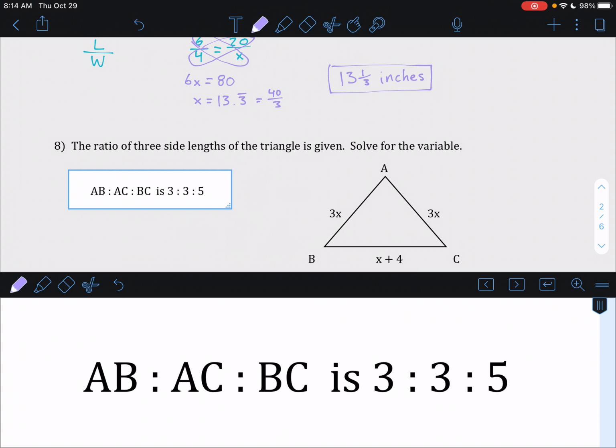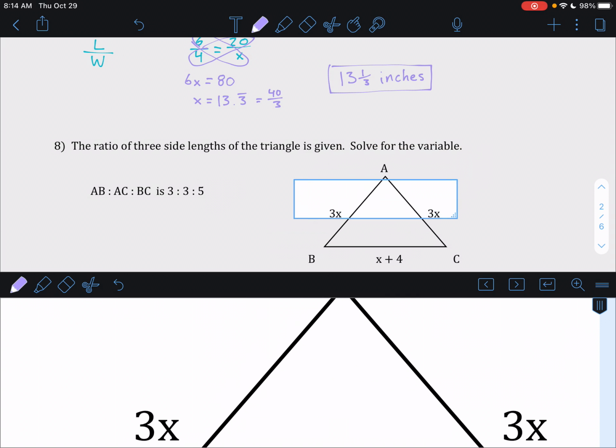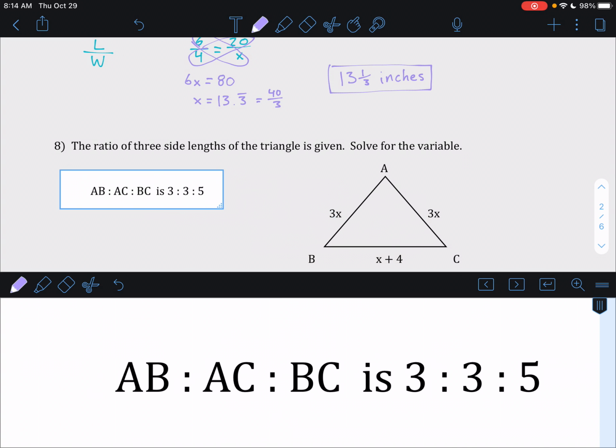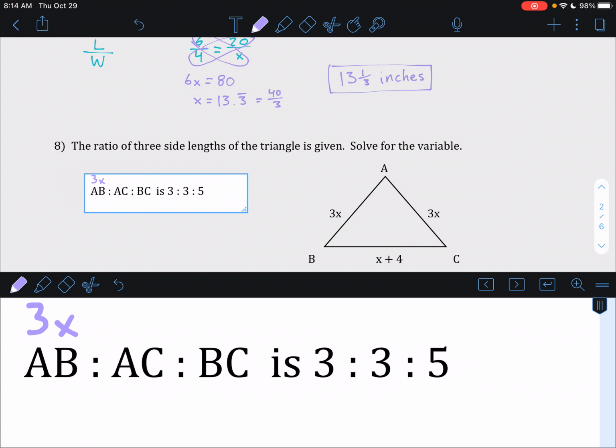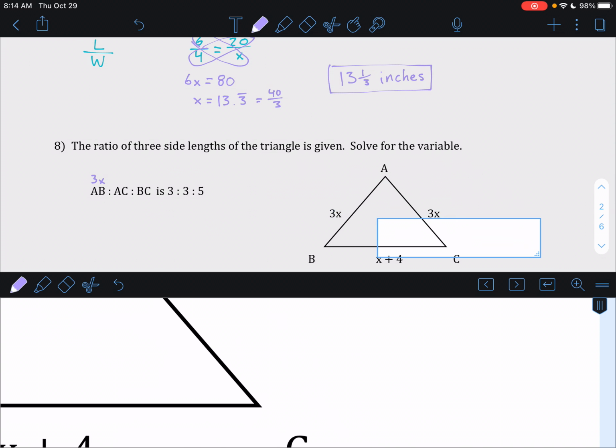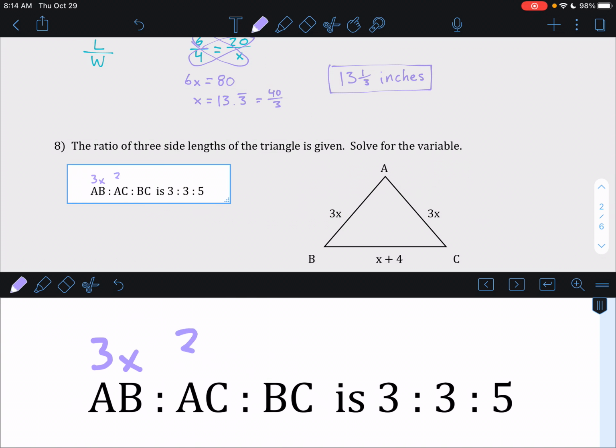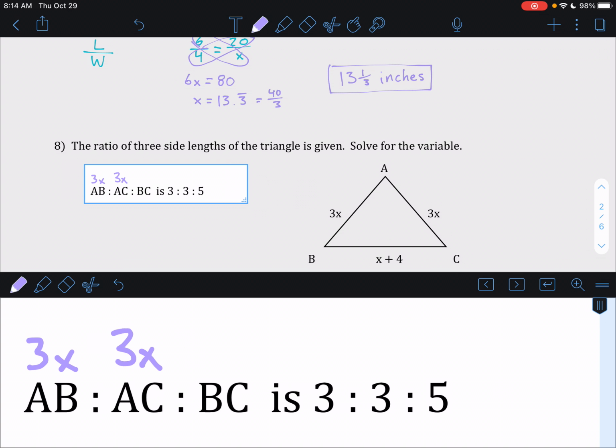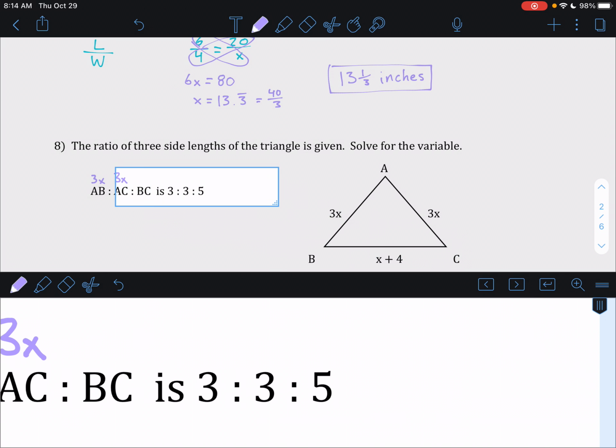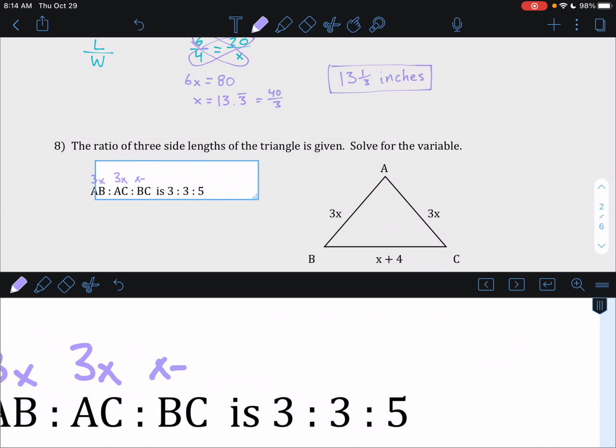So the ratio of AB, and AB is 3x, AC is also 3x, and BC, which is x plus 4, is 3 to 3 to 5.